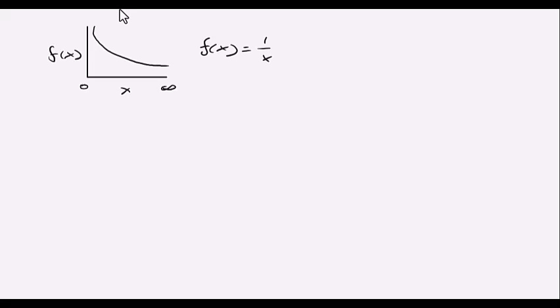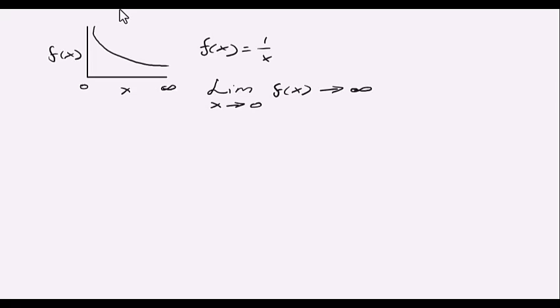And so when we look at this, we can look at the limits and use the appropriate language in mathematics. So we can say that, for example, in the limit as x tends to 0, we can say that f of x tends to infinity.